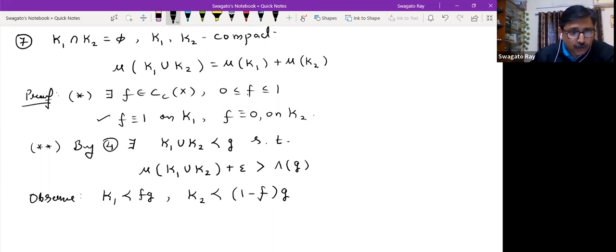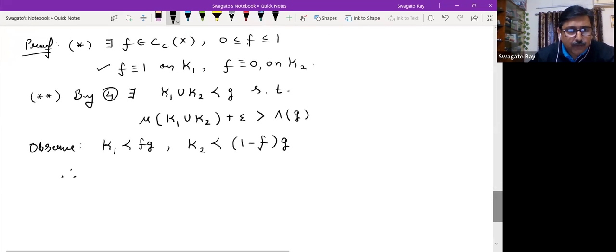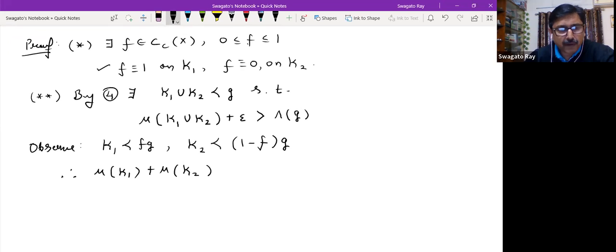Okay. So what does this imply? Why am I suddenly breaking this? You will see why. So I look at mu K1 plus mu K2. This is the infimum of the lambda f's, which are identically equal to 1 on the set. That was proved in the last class.